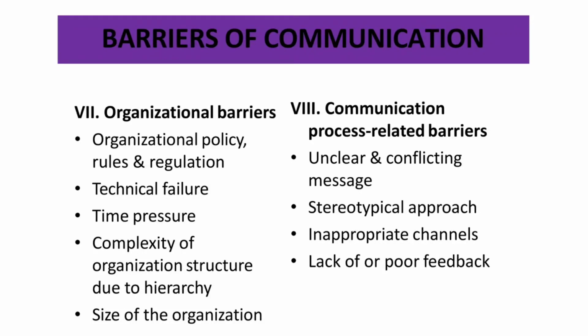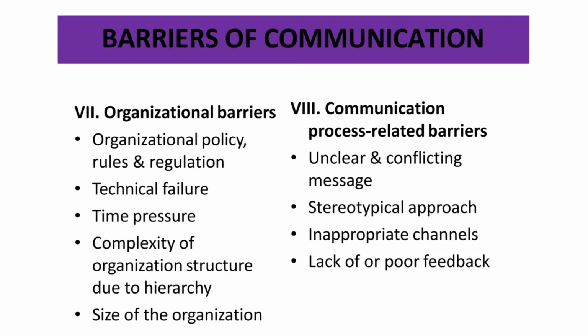Next is communication process related barriers. So here you have unclear and conflicting messages. If your message is unclear or conflicting, a stereotypical approach, that is repeatedly doing the same things, and inappropriate channels of communication. For example, if you are going to communicate with a person who doesn't know how to use an Android phone or how to open WhatsApp, and you send messages through WhatsApp or through email, they may not be able to understand.